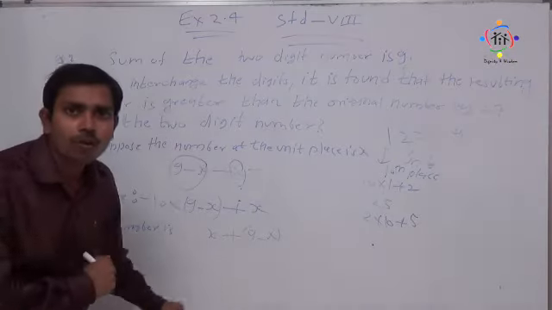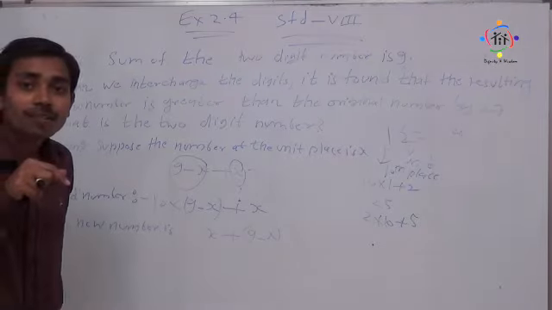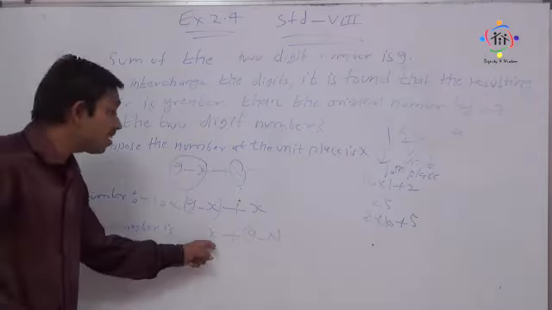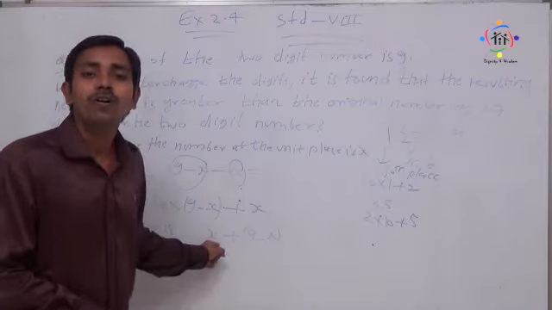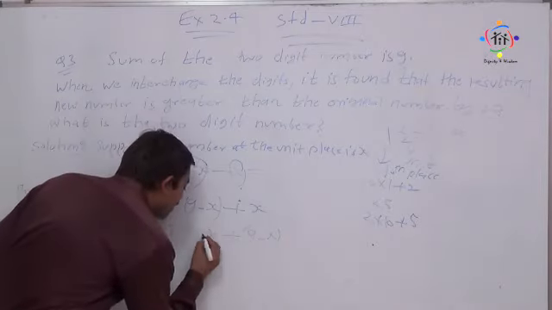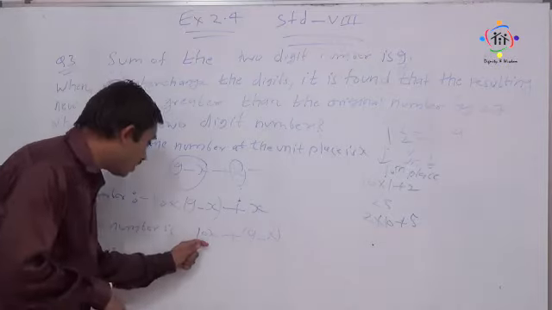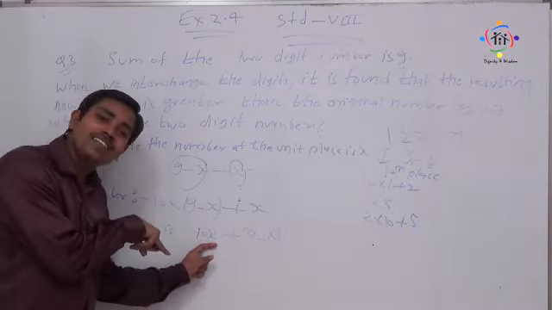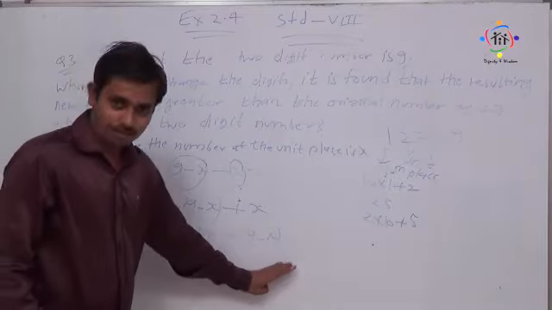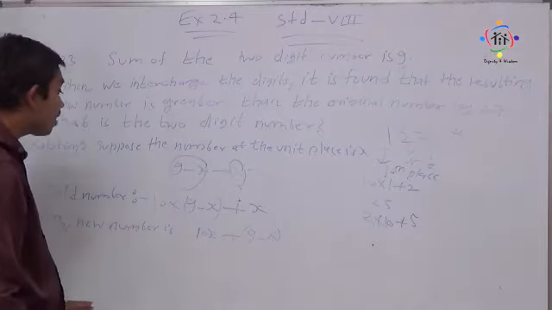Is it correct? No. We are forgetting something. What? The 9 minus x is at the 10th place, so we should multiply it with 10. Is it clear, my dear students? Therefore, I am multiplying with 10 because it is at the 10th place. So now this is the complete number. Here, what is the condition given?